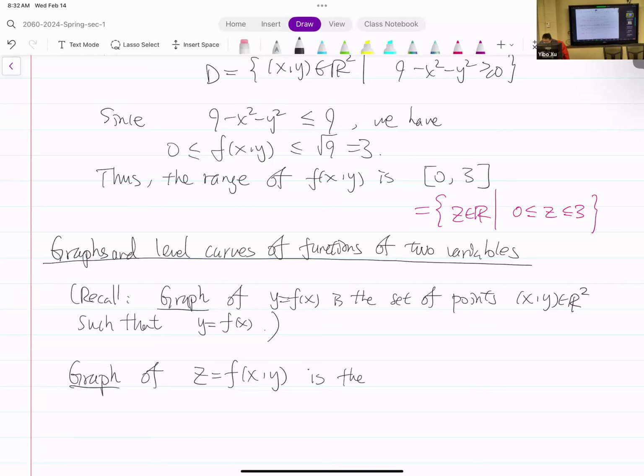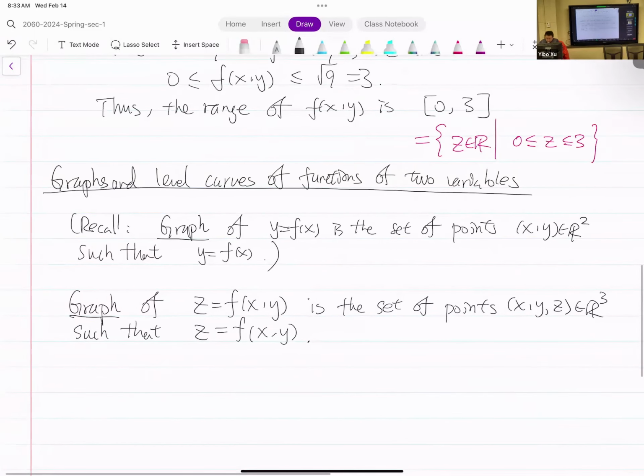And so somehow this is like a three-dimensional plot. This is the set of all points x, y, z in R3, such that the output z always has to equal the output of the function. So for a bivariate function, if we want to illustrate the graph, it has to be a three-dimensional object.